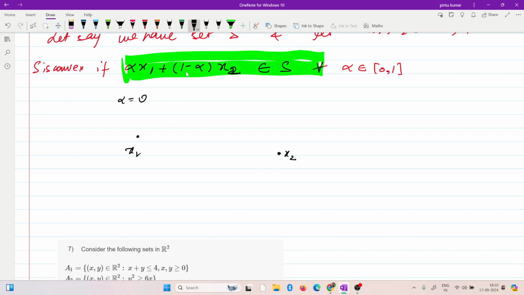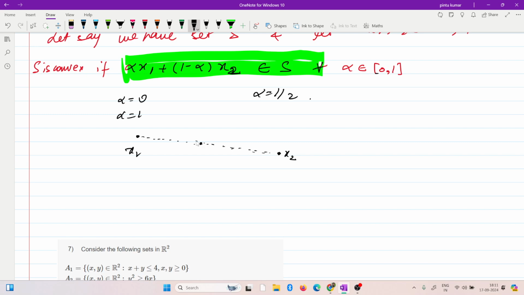And if you replace alpha with 1, because alpha is in the range 0 to 1, you will get the point x1. If alpha is equal to half, then you will get (x1 plus x2) divided by 2, somewhere in between. Similarly, as you keep changing alpha, you will get this complete line.